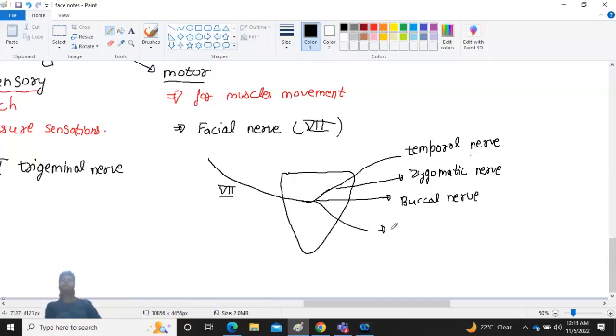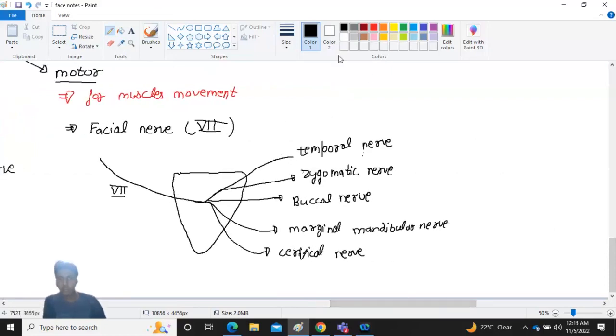Then the marginal mandibular nerve, and the last is the cervical nerve. These are the five branches.